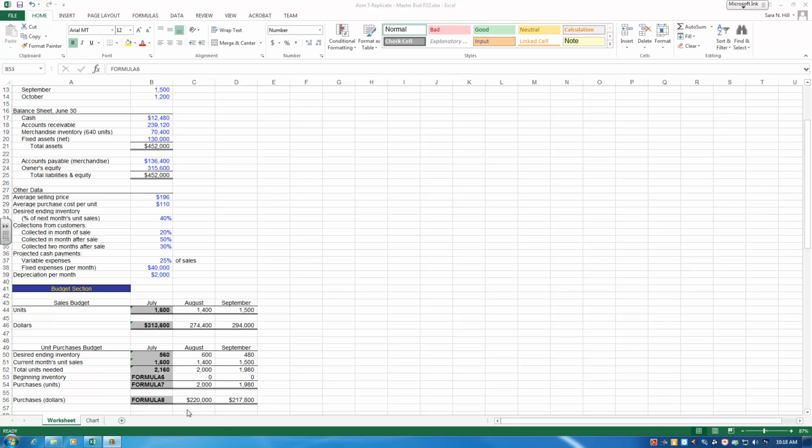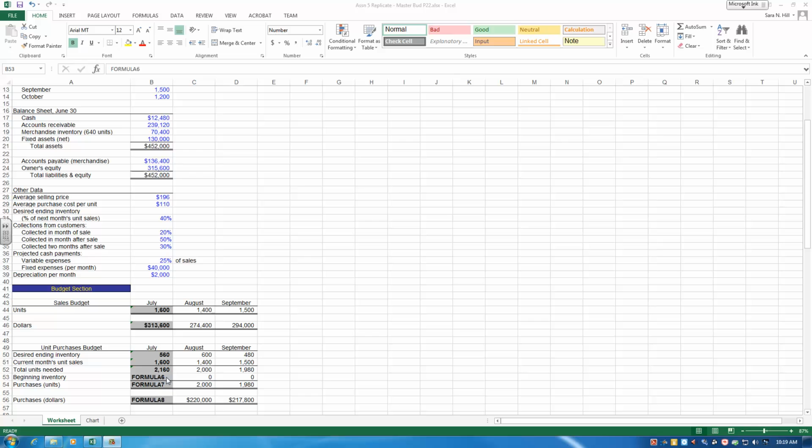Moving on to the beginning inventory. Up above, they gave me a beginning inventory in cell B19. This is my merchandise inventory. Actually what I'm looking for is the units, the 640 units, but they're giving it to me in the format of the units times the average cost per unit.